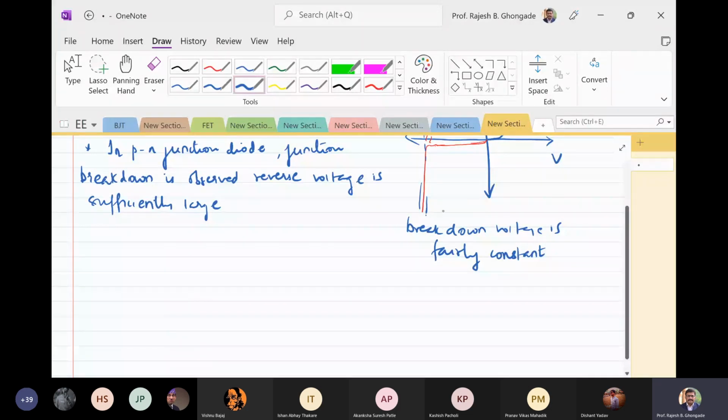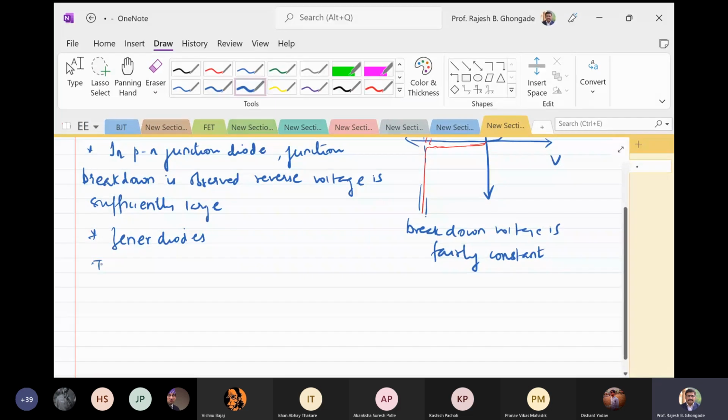Now this kind of diode is called a Zener diode. Now there are two mechanisms of breakdown.